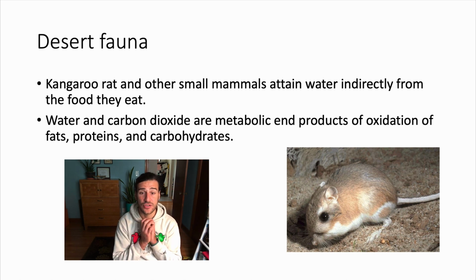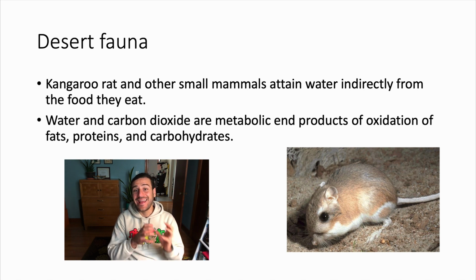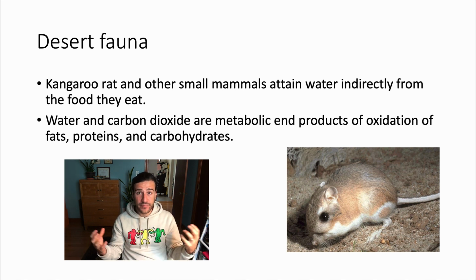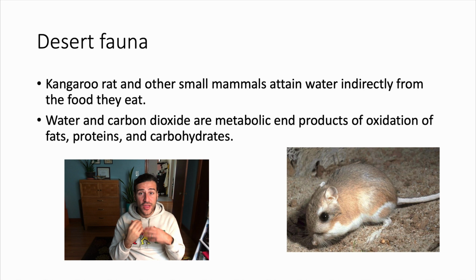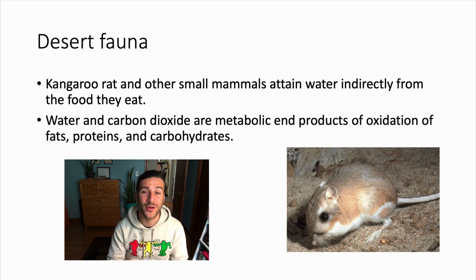So they eat these dry seeds, and through this metabolic process, the last reaction of this chemical manipulation actually produces water, right? So they don't drink water, they produce it as a byproduct, which I think is so cool.